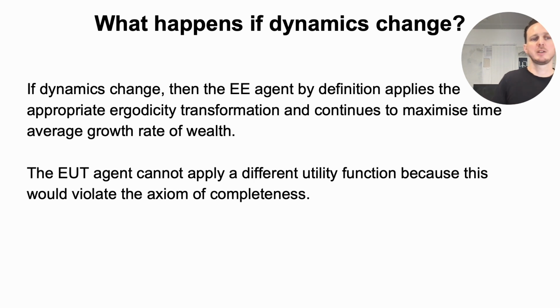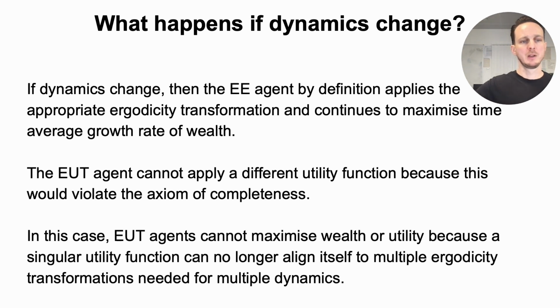The EUT agent cannot apply a different utility function because this would violate the axiom of completeness. So they're stuck with a single utility function. In this case, EUT agents cannot maximize wealth or utility because a single utility function can no longer align itself to the multiple ergodicity transformations needed for the different dynamics.